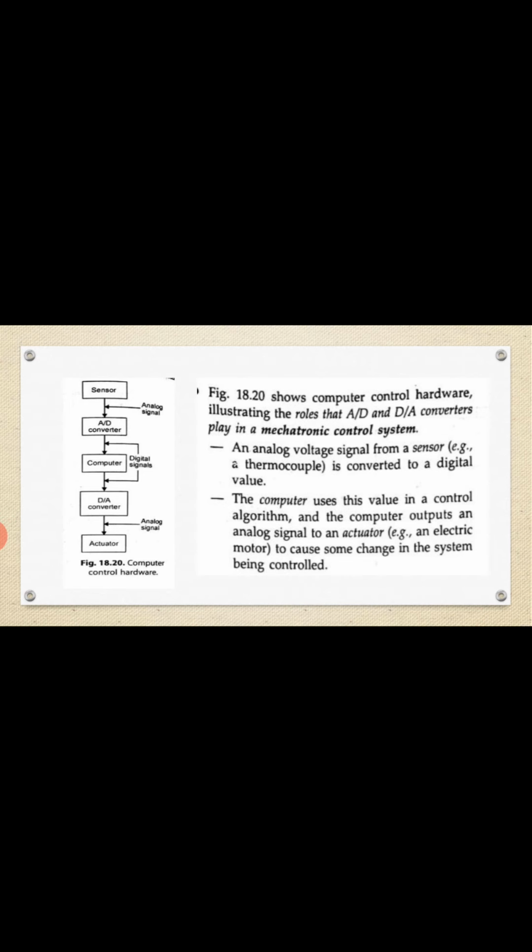From digital we have to convert back to analog, because the actuators work with analog signals. Here the actuator is nothing but an electric motor, which causes a change in the system being controlled. So I conclude that both the analog to digital converter and the digital to analog converter are required for this control process.